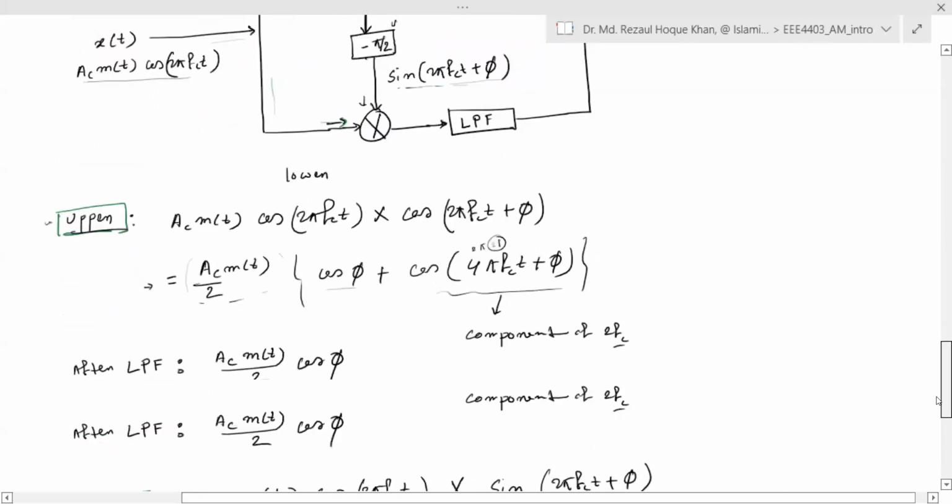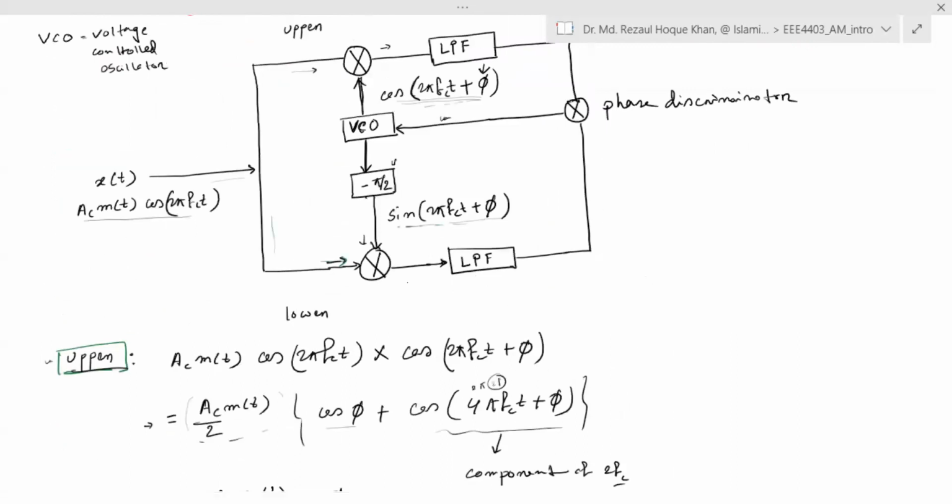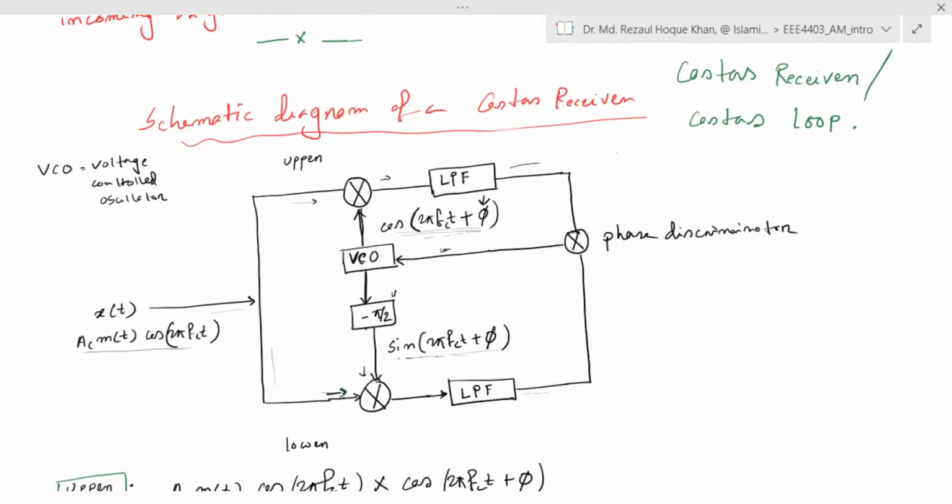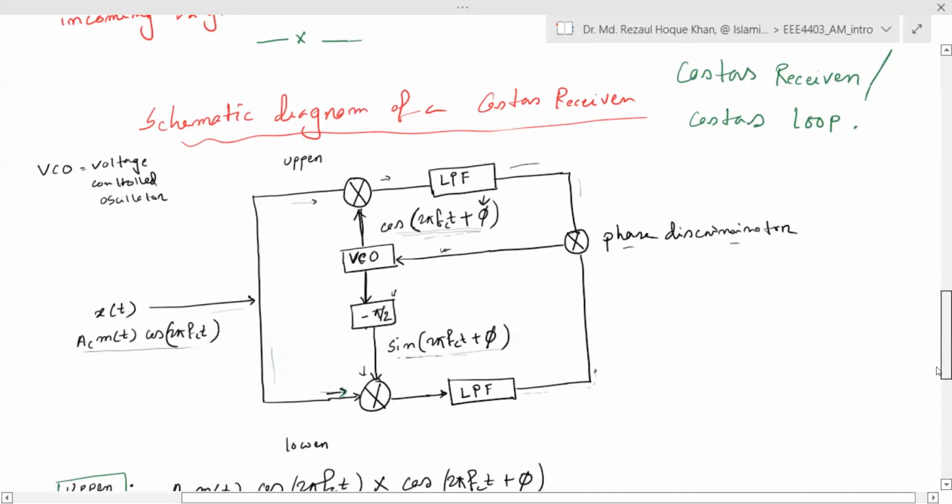Both the upper and lower low pass filter outputs are fed to the phase discriminator, also called a phase multiplier.